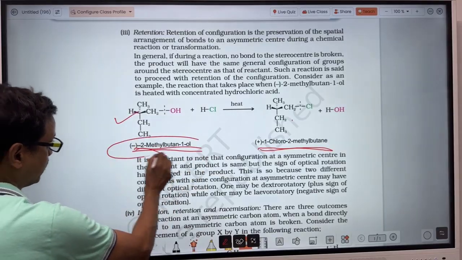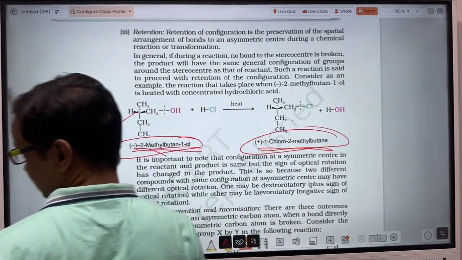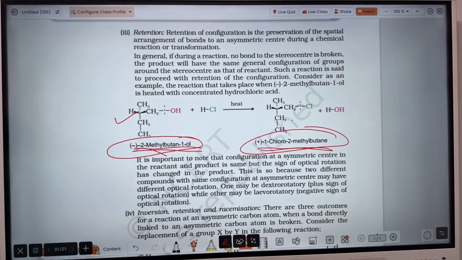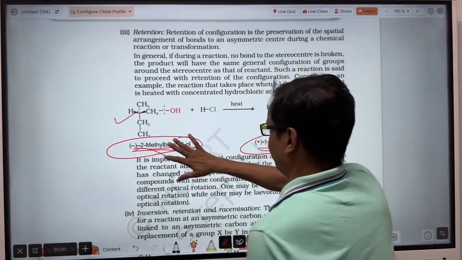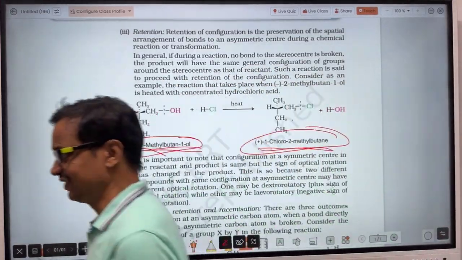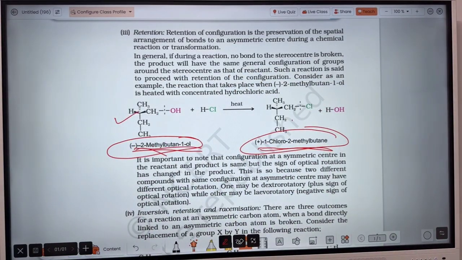So keep these 2 points in your mind, that is, which one is the dextrorotatory compound and which one is the levorotatory compound.